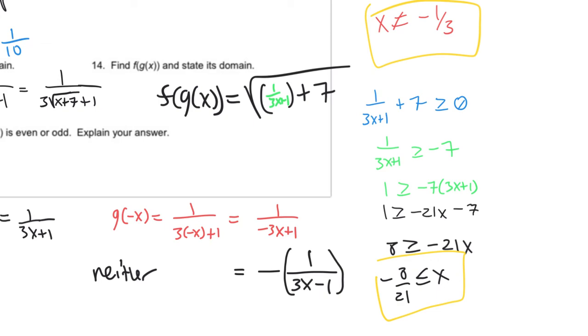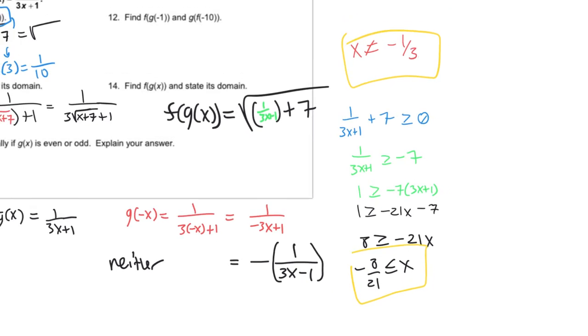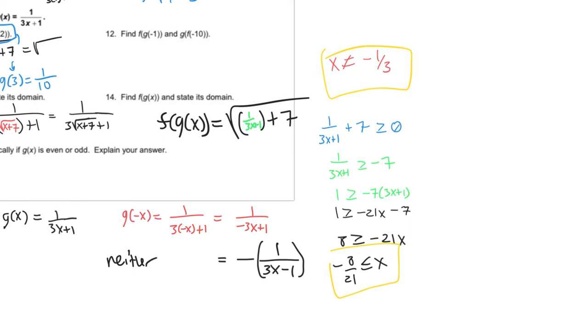So what do you do? Well, what the teacher seems to like, because I looked at the way that she went about things, is to map out the critical values. Now, one of the critical values is certainly negative 1/3. Negative 7 over 21 is negative 1/3, so negative 8 over 21 is a little bit to the left of negative 1/3.